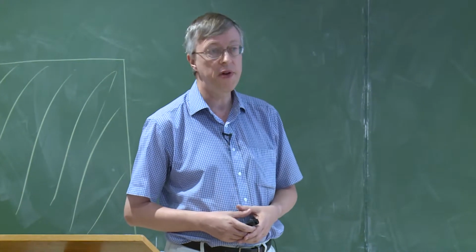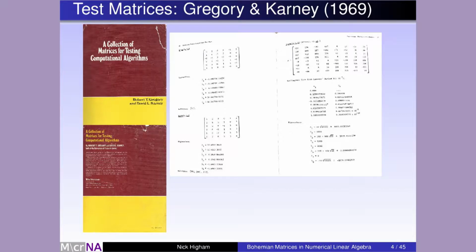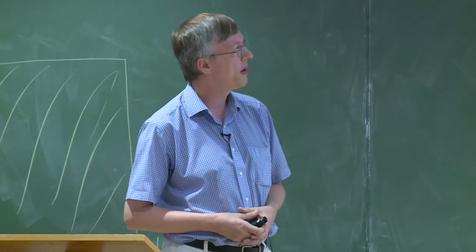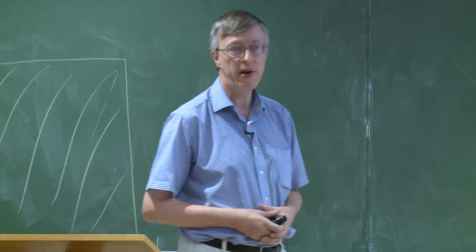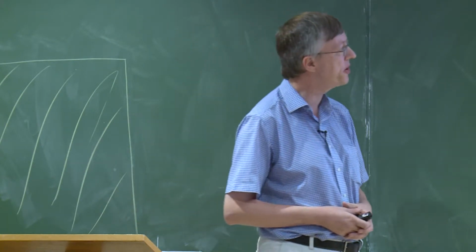One of the places where I first came across Bohemian matrices was actually in this book. I don't know if this is one you've seen before. It's a 1969 book called A Collection of Matrices for Testing Computational Algorithms. And the book consists entirely of printed pages of matrices, obviously small enough to fit on the page, very often Bohemian, with small integer entries.